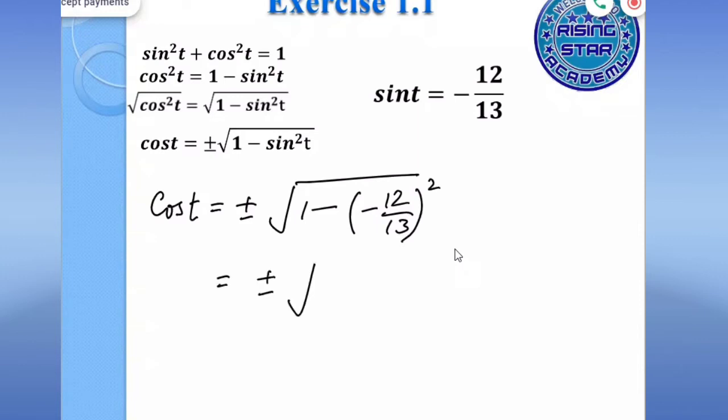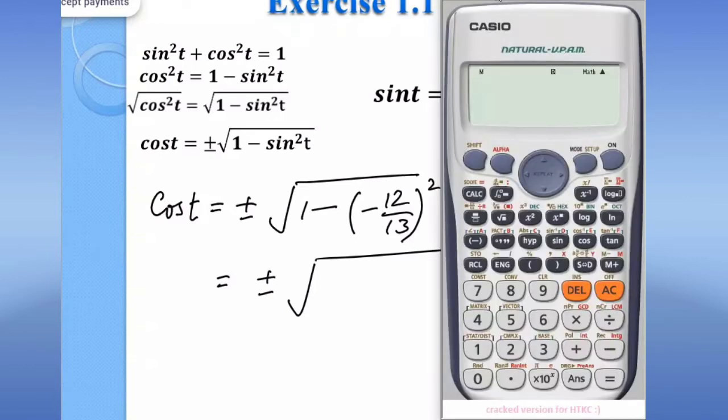So I would use the calculator to simplify the answer. So here I would write the square root of 1 minus bracket minus 12 by 13 and then apply the square. So the answer would be 5 by 13.